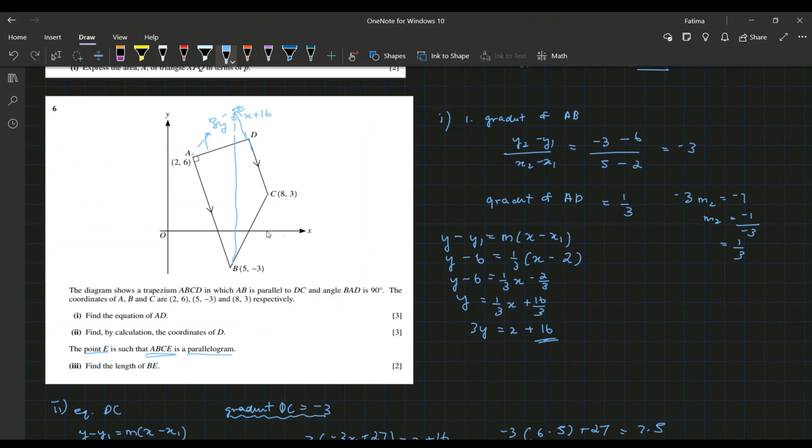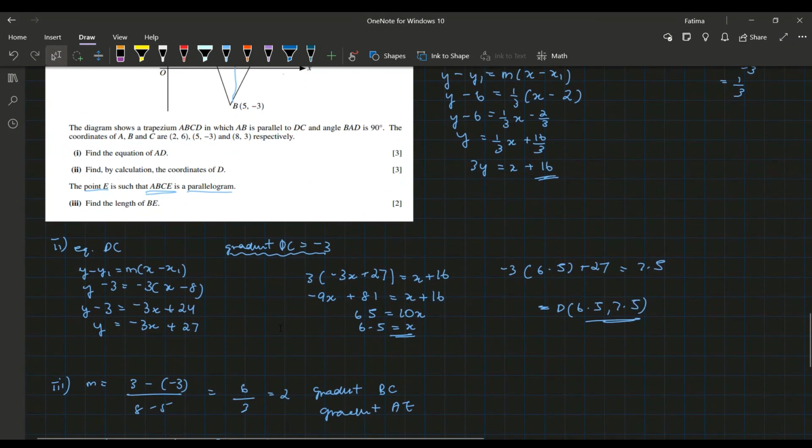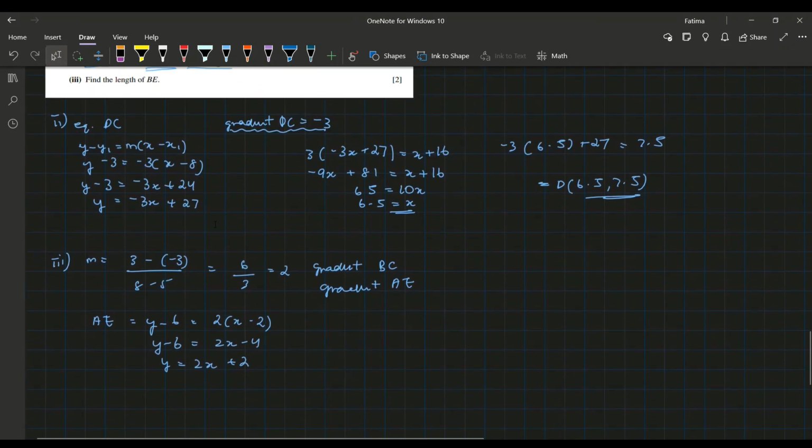So if I can equate those two equations to each other, let's see. The equation of DC we already found over here. And if I equate that to this equation over here, so minus 3x plus 27 is equal to 2x plus 2, I can solve for x. So that becomes 5x, and 27 minus 2 is 25.